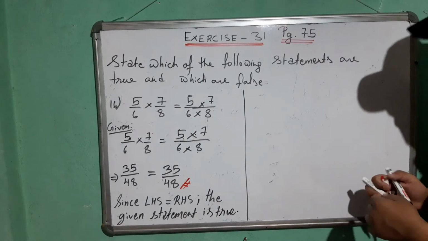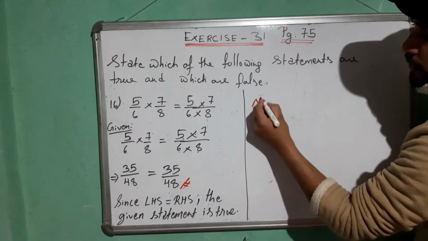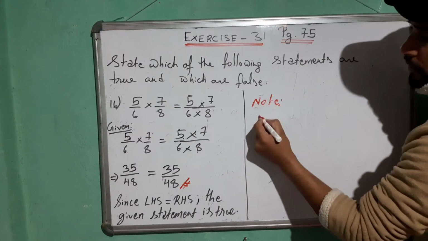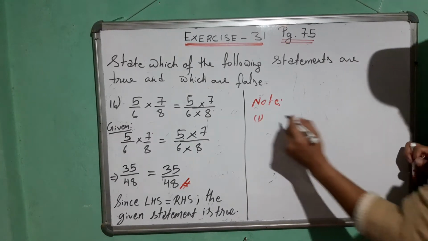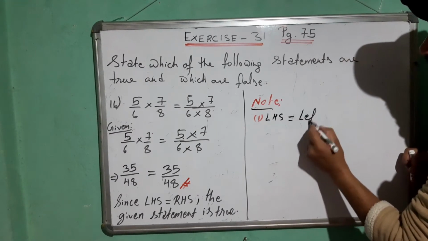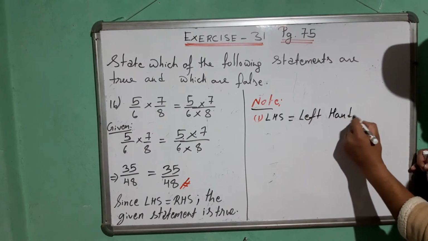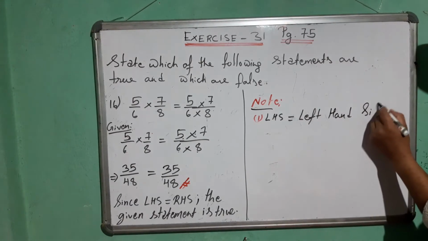LHS means, note down properly, just below this write Note number 1. LHS means left: L stands for left, H stands for hand, and S stands for side.